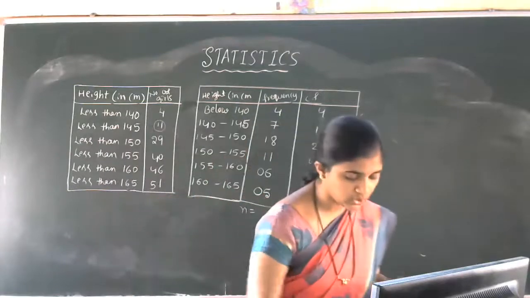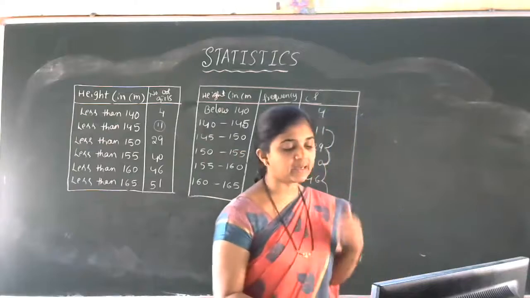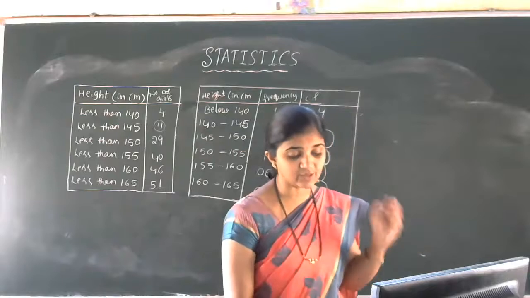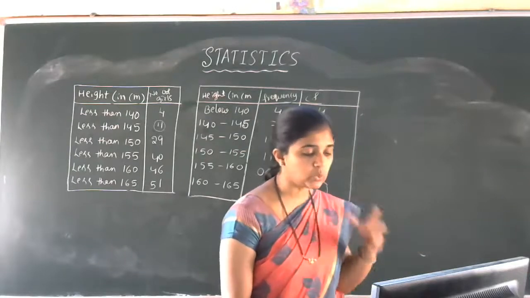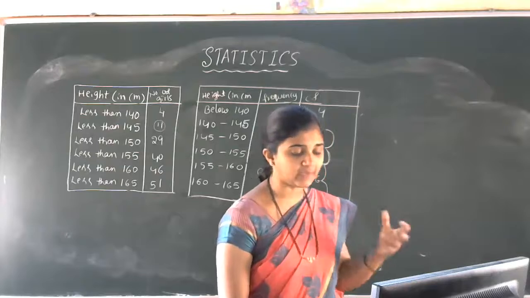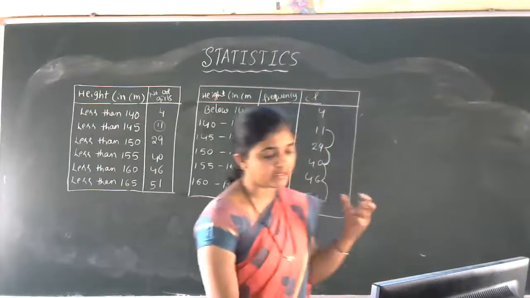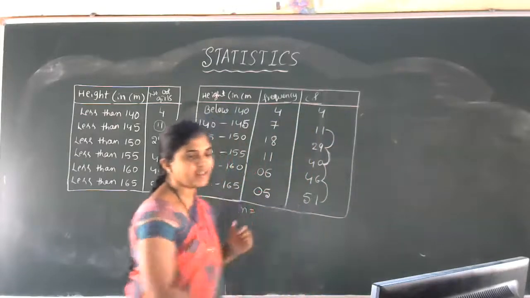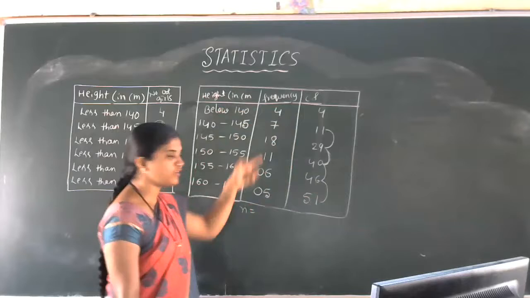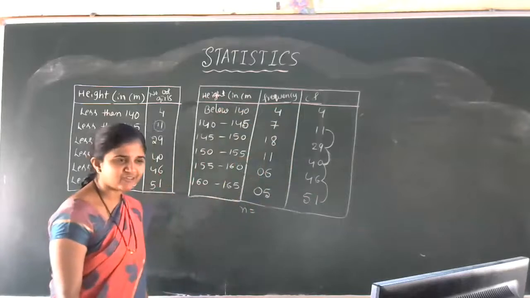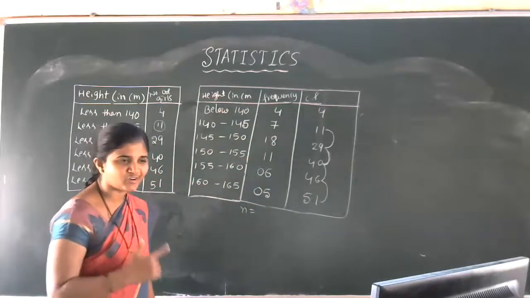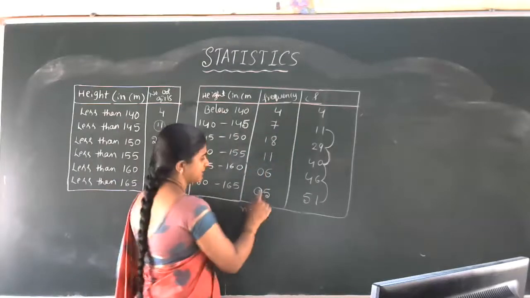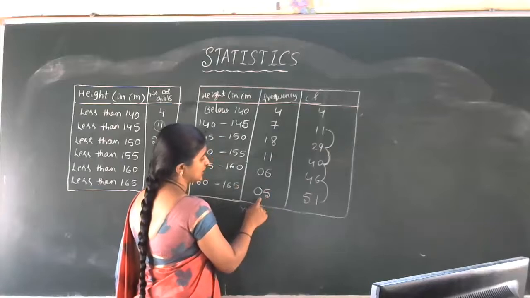You can observe the problem also: a survey regarding the heights of 51 girls of class 10th of a school was conducted and the following data was obtained. So in the problem we got the idea that the total frequency is 51. Can we check whether our frequency table is right or wrong?